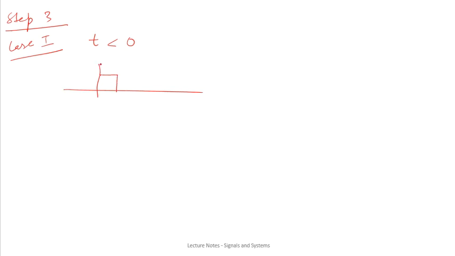If you represent it in the same xy plane, let me draw it with a different color. This waveform is h(t minus tau), whereas this waveform is x(tau). The amplitude is the same.